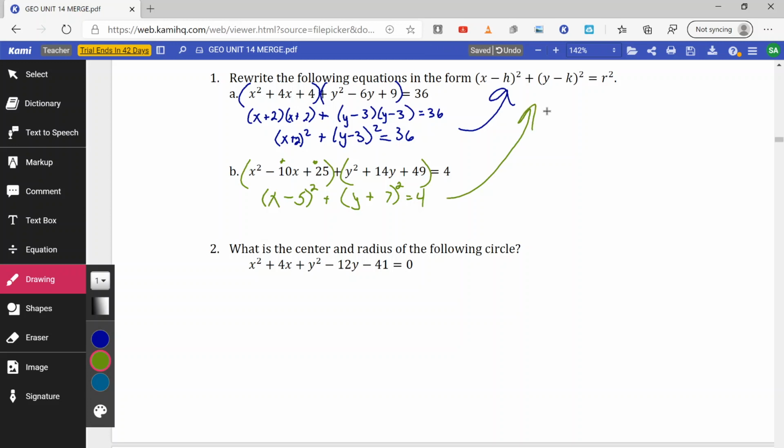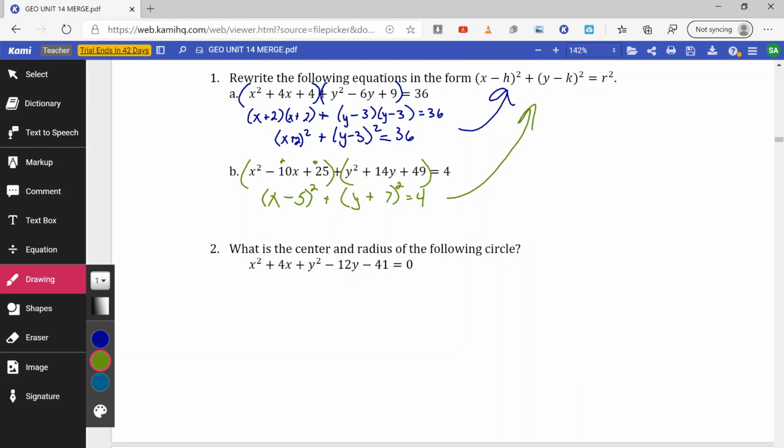Now let's say we have it a little bit differently. What's the center and the radius of the following circle? X squared plus 4x plus y squared minus 12y minus 41 equals 0. We do not have six terms on the left side of the equal sign. We have x squared plus 4x, and y squared minus 12y minus 41.